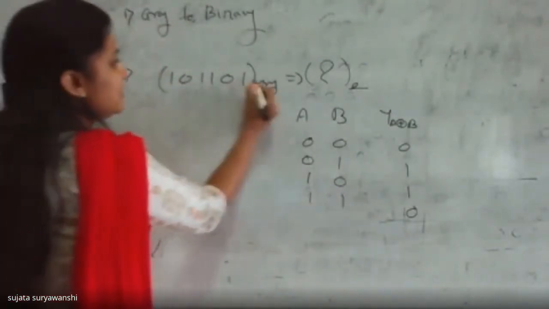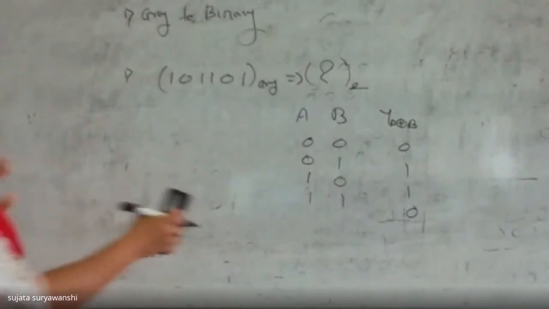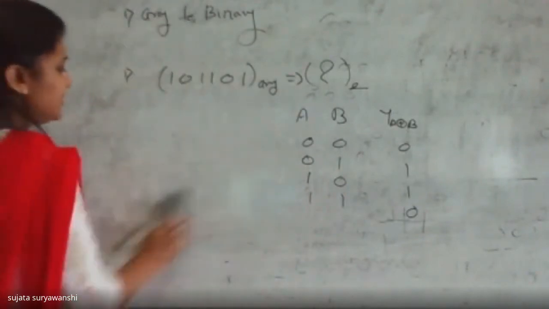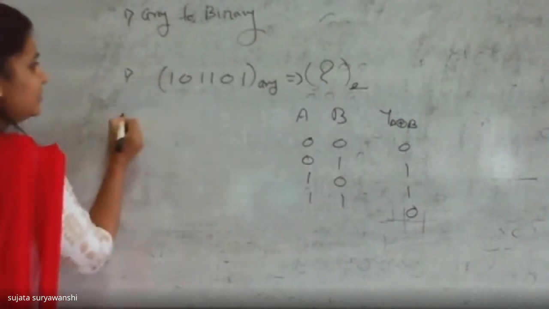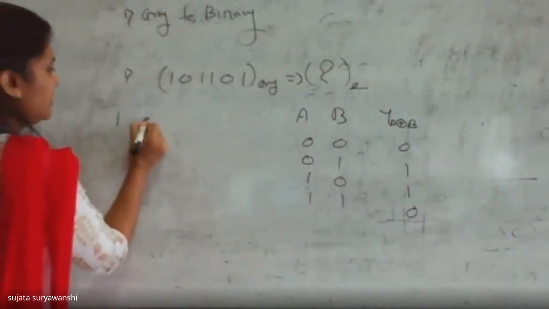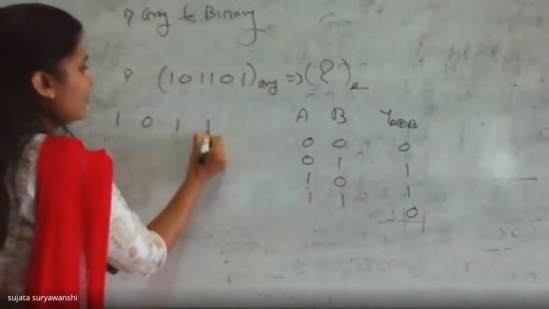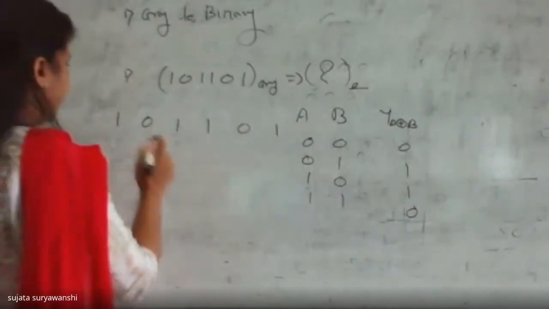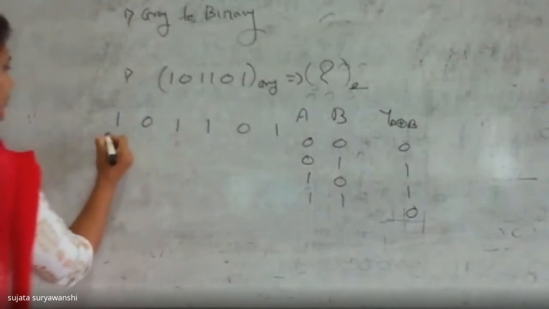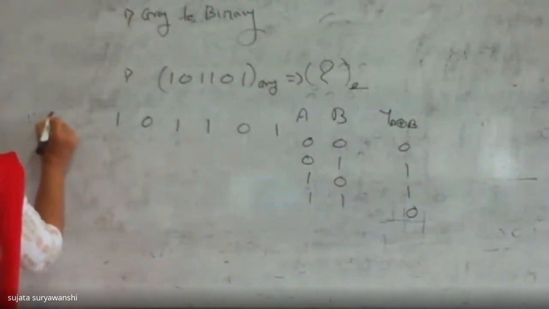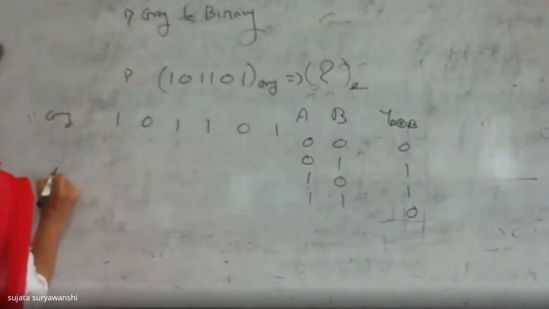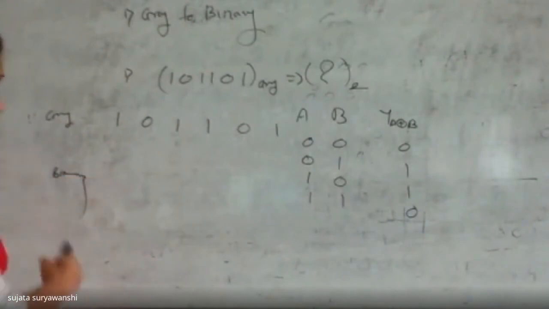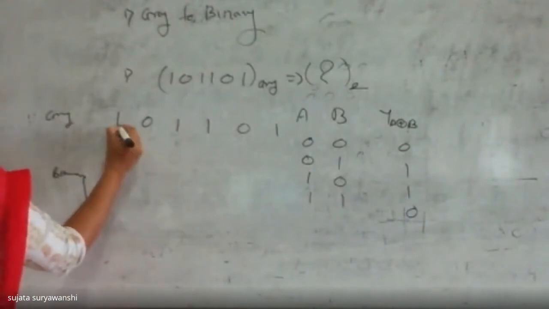So suppose this is your gray number and you have to convert it into the equivalent binary number. Simply write down the gray number, that is 1, 0, 1, 1, 0. Just consider the MSB bit.